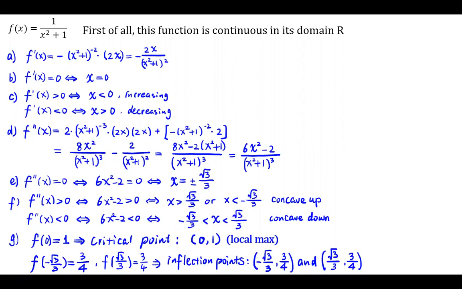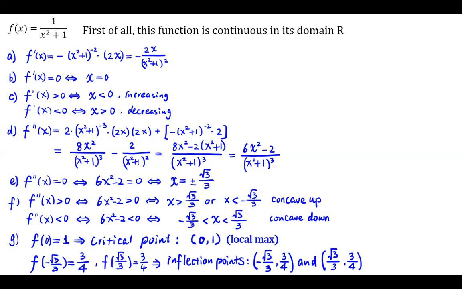Next, we need to find its increasing intervals and decreasing intervals. In order to find its increasing intervals, we let the first derivative be greater than 0. Any interval that makes this first derivative greater than 0 is an increasing interval, right? And we can solve that inequality. The solution is x must be smaller than 0.